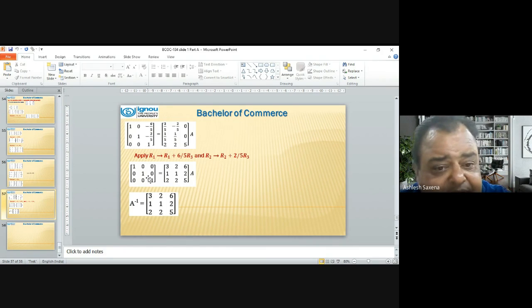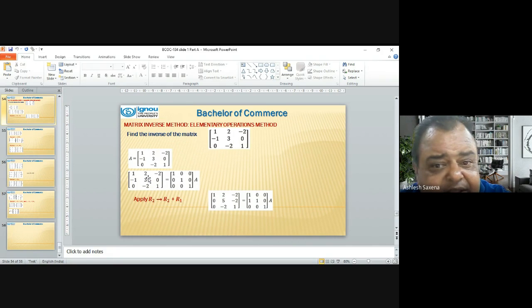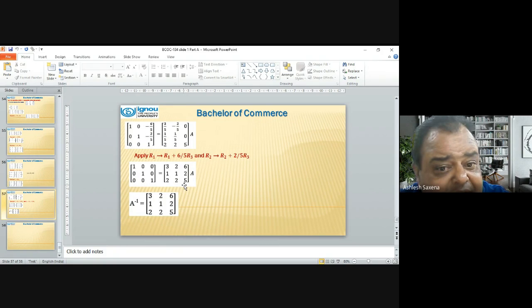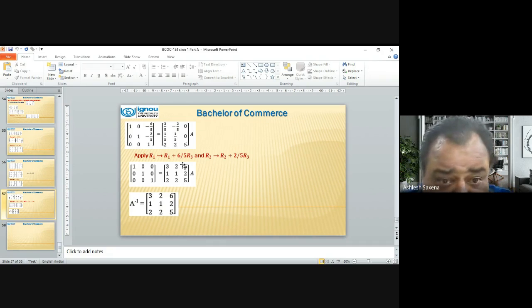This one was your original matrix. This one was the identity matrix. What have you done? You have converted the original matrix into an identity matrix, and the identity matrix has been converted into another matrix. This is what you have obtained over here, your inverse. Why inverse?